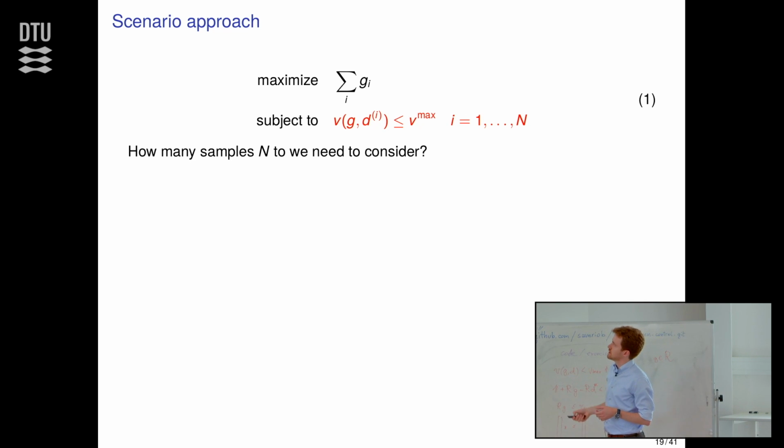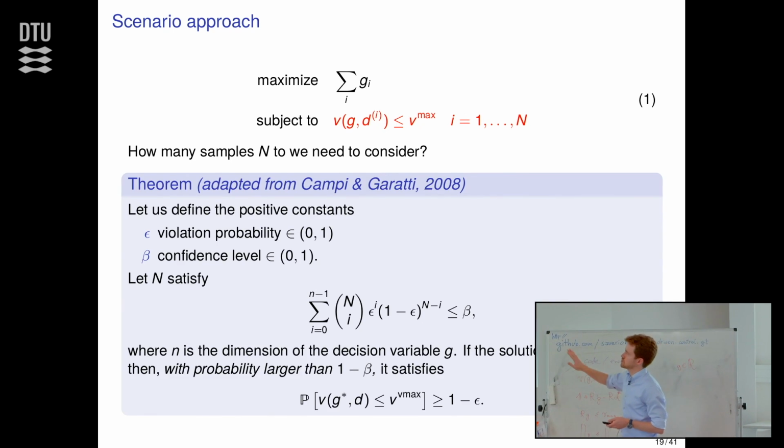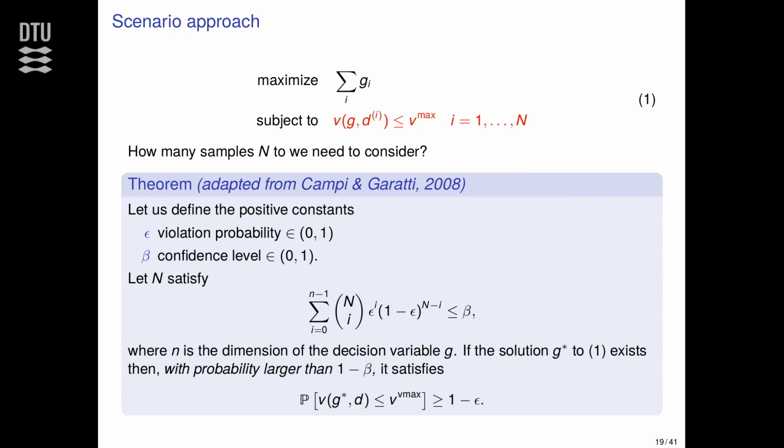For this one, I'm not going to cover the theorem, I'm just going to tell you that there is a theorem that gives you exactly how many samples you need to extract to be sure that you are satisfying this 95% probability criteria. And this theorem says the following: suppose that I give you an epsilon, which is this violation probability, like the 5%, and I give you beta, which is a confidence level, and we'll see in a second what it is.